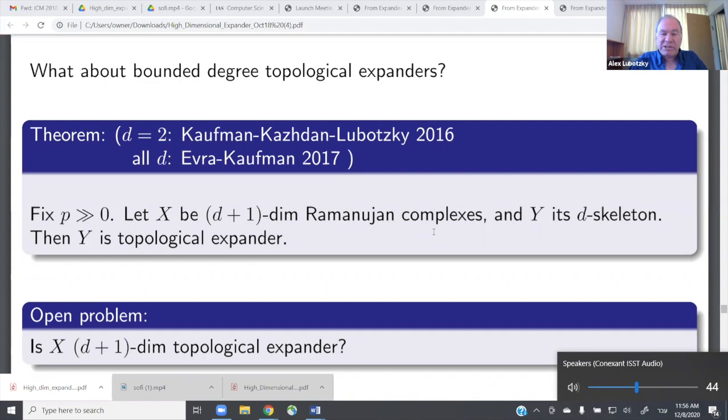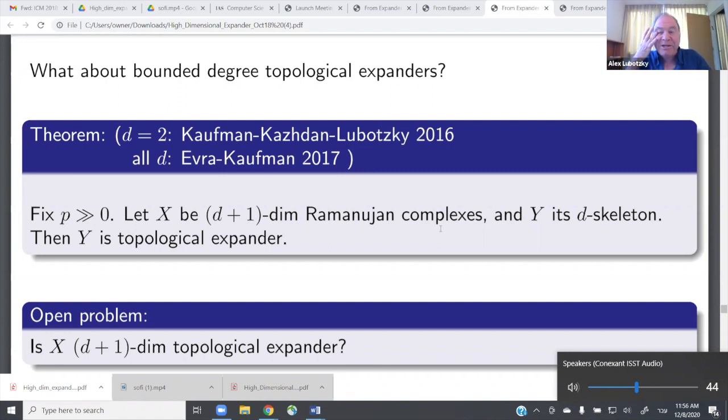Okay, let me just finish the sentence. The sentence says that this is a topological expander. Namely, we fix P, there exists some epsilon depending on P and on D, such that for all D plus 1 dimensional Ramanujan complexes, the D skeleton of them, namely, I throw away the D plus 1 faces, I am left with the D-dimensional simplicial complex.